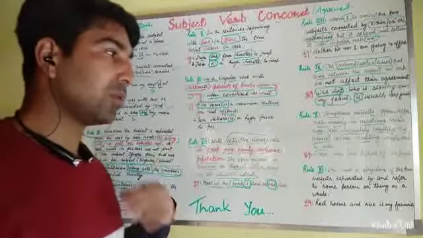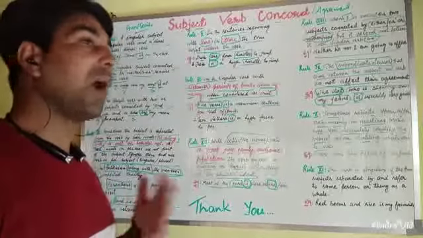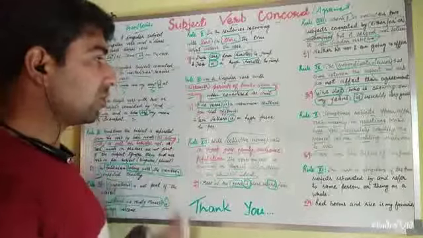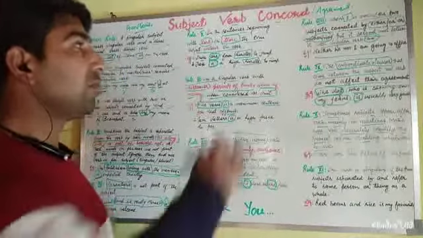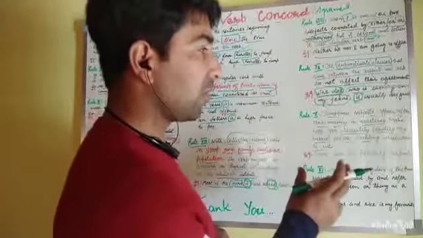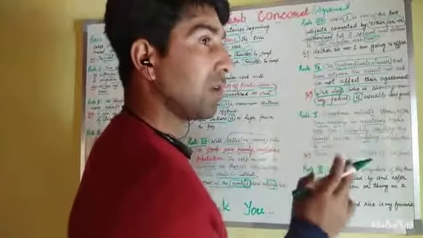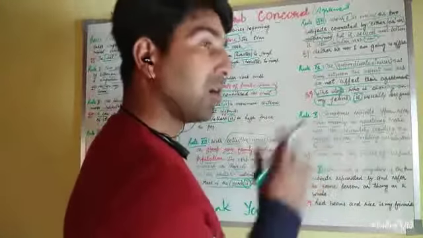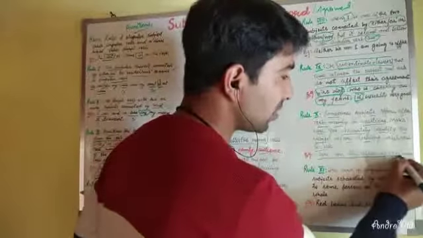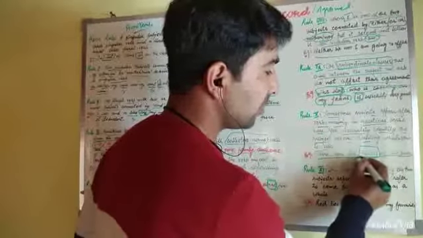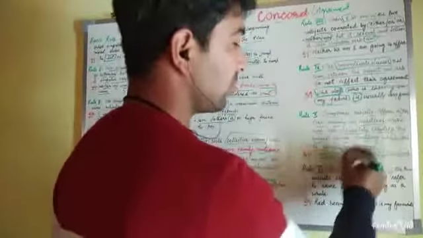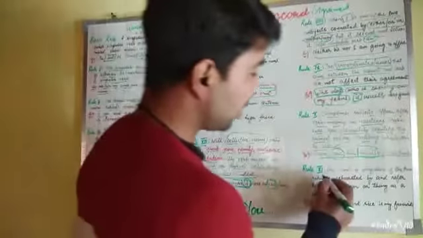So, as in one of the previous rules, you have to first figure out where the subject is, and then figure out whether the subject is singular or plural. Accordingly, you will use the verb. Here, where are the pieces of this puzzle? We have used are because pieces is a plural subject, so we have used a plural verb.